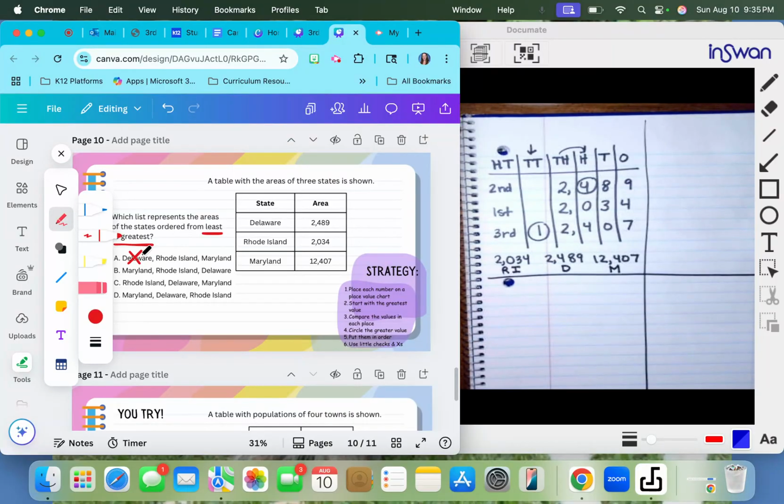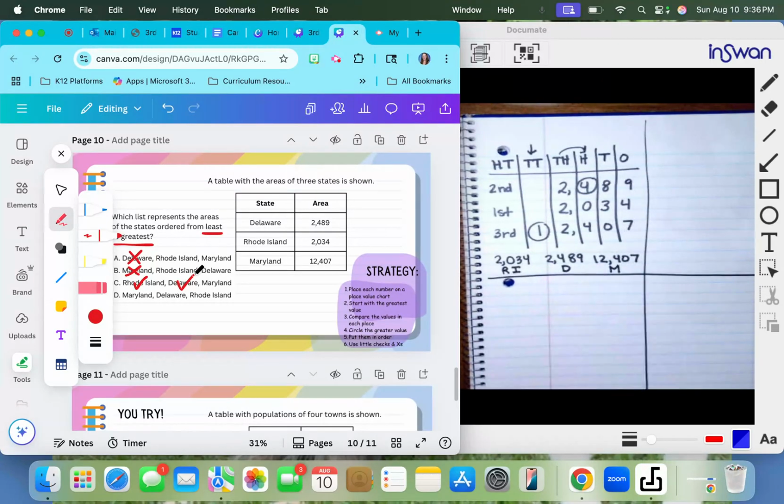Let's look at B. B has Maryland as the least number. Ooh, Maryland's the greatest number. He should be last in the list. So nope for B. C has Rhode Island first. So did we. That was the least value. Then Delaware. So did we.